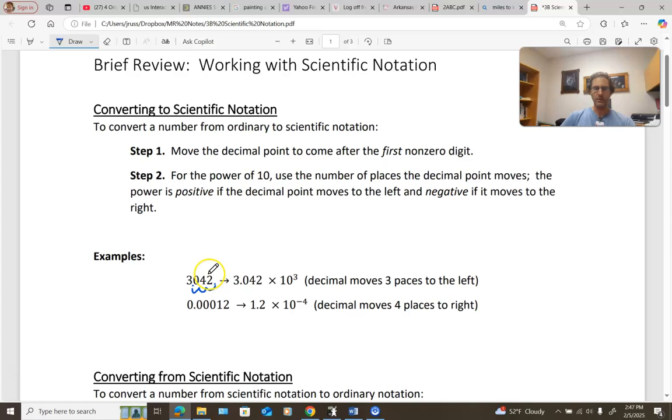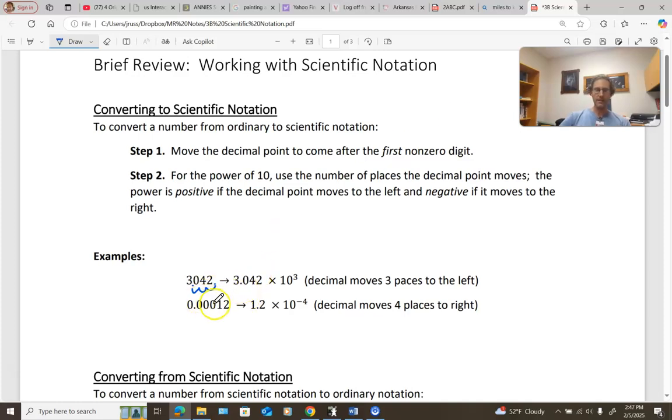So 3042 is becoming 3.042, which means I need my power of 10 to be bigger. So that indicates to me that I want this to be a positive 3, okay? So it becomes 3.042 times 10 to the third power. 10 to the third power is the same as 1,000.